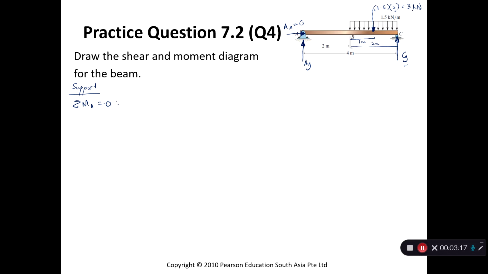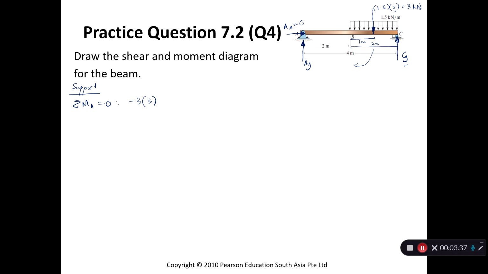Now the first one, I'm going to consider the 3 kilonewtons. This will rotate, let's see, this way. Yeah, that's clockwise. So negative 3 kilonewtons times the distance from this point to point A. That will be 1 meter plus 2 meters.